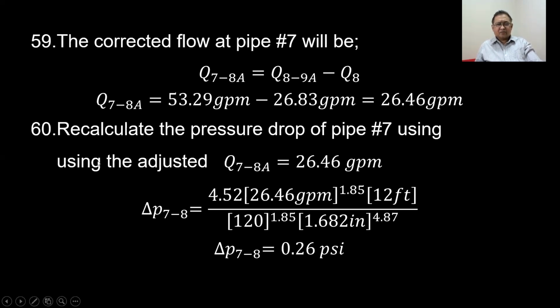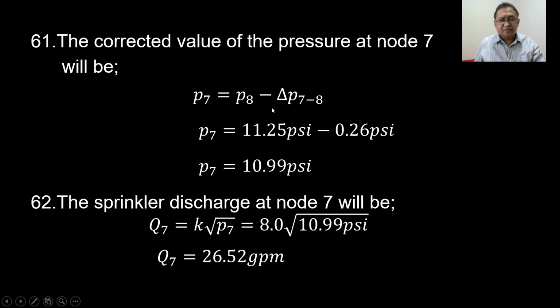And we can now, using this value, calculate the pressure drop at pipe number 7 using the Hazen-Williams formula. The pressure drop from node number 7 to node number 8 is 0.26 PSI. And again, we are going downstream, so we deduct this pressure of 0.26 PSI from P sub 8.